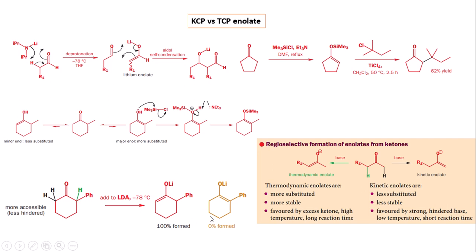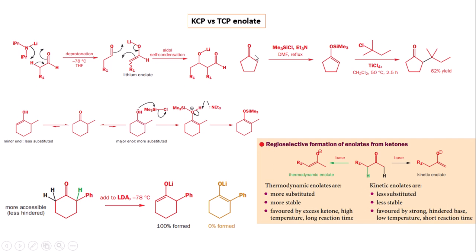Here the TCP enolate is not formed, but in the presence of trimethylsilyl chloride, which gives greater stability to the enolate and is stable at room temperature, we get the TCP enolate in a higher amount compared to the KCP enolate.